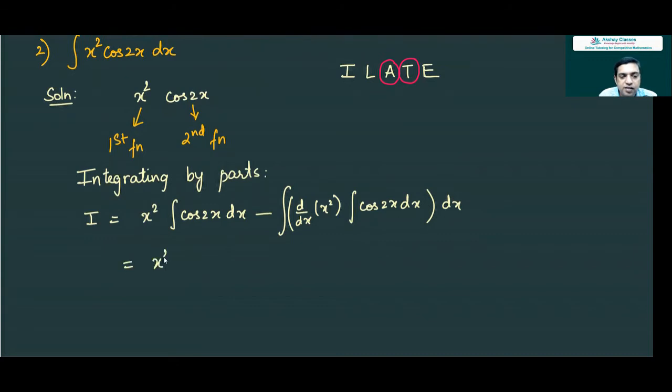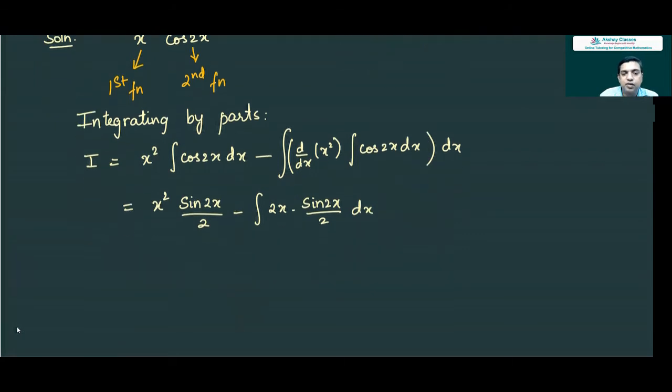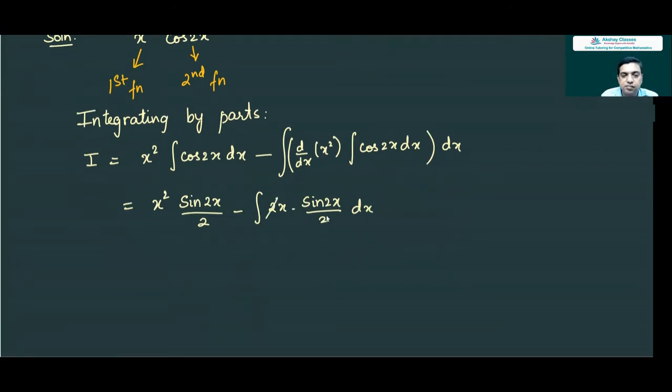So we have x square. Integral of cos 2x is sine 2x upon 2 minus integral of 2x times integral of sine 2x upon 2. So 2 and 2 cancel. Half x square sine 2x minus.